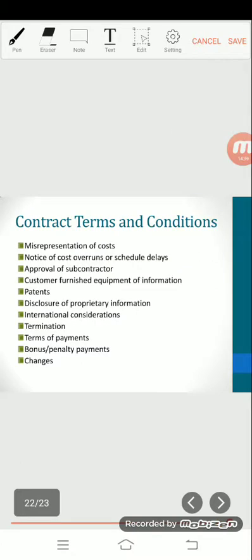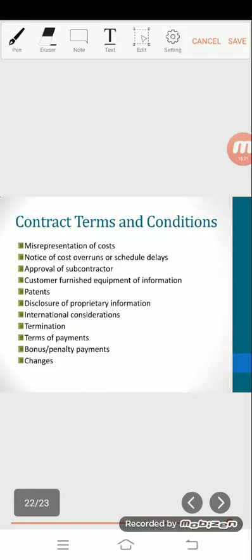Contract terms and conditions. The following are some miscellaneous provisions that may be included in a project contract. Number 1, misrepresentation of cost. State that it is illegal for the contractor to overstate the hours or cost expended on the project.